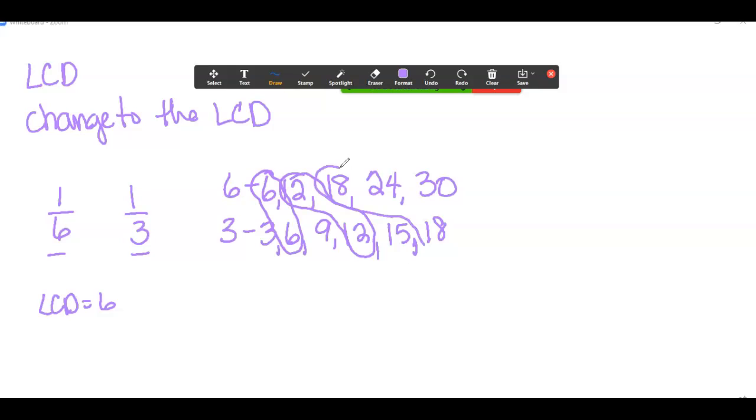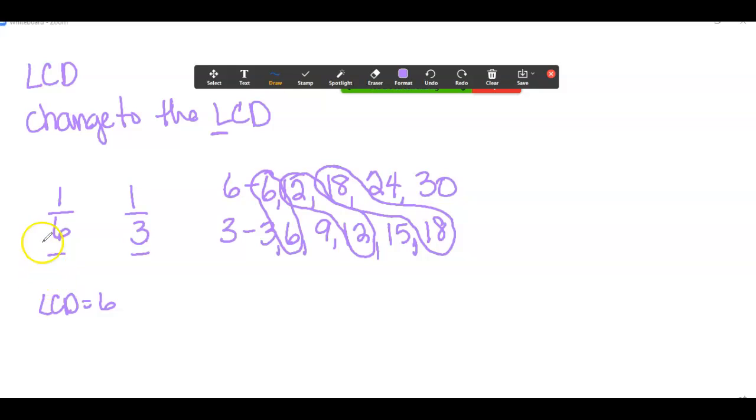I see that 18 is in common. Okay, but remember we want the LCD, the lowest. So my lowest common denominator is 6. So I did just prove this. So because the 3 can go into the 6, 6 is my lowest common denominator.